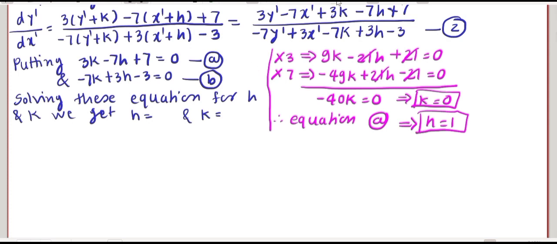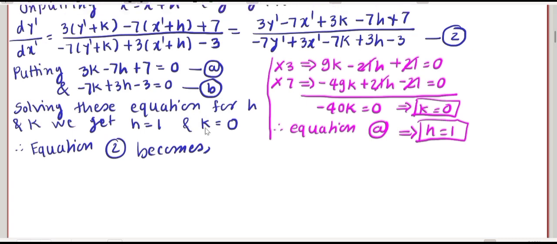So thus we get the value of h is 1 and value of k is 0. Therefore equation 2 becomes... what is equation number 2? In this equation number 2, we have to put h equal to 1 and k equal to 0.